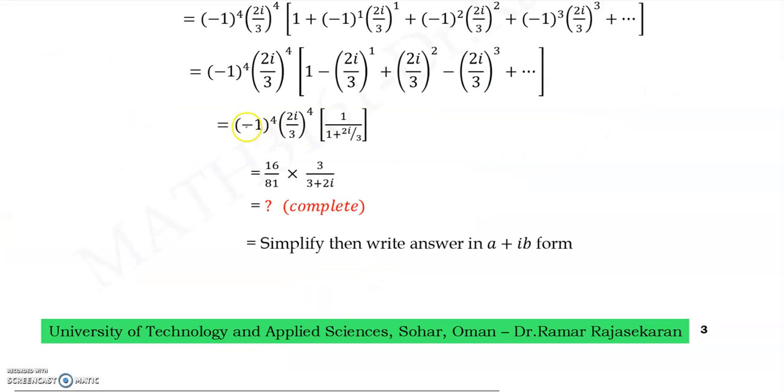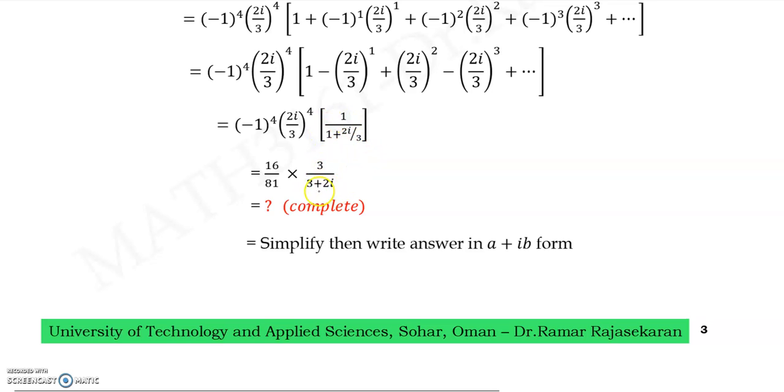Now, minus 1 power 4, 2i by 3 whole power 4 outside, this is nothing but 1 over 1 plus x, where x is 2i over 3. Okay, so here you multiply 3 with 1, so 3 plus 2i by 3. So here we can write the reciprocal of this one, which is 16 over 81 multiplied by the reciprocal, which is 3 over 3 plus 2i.